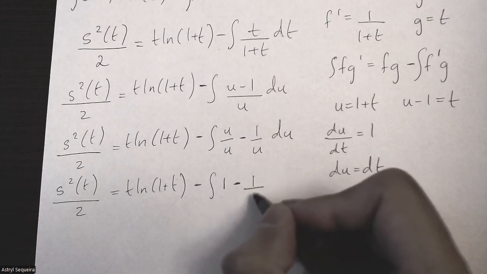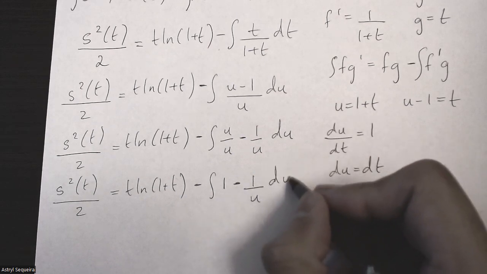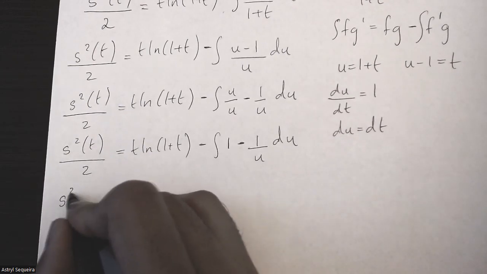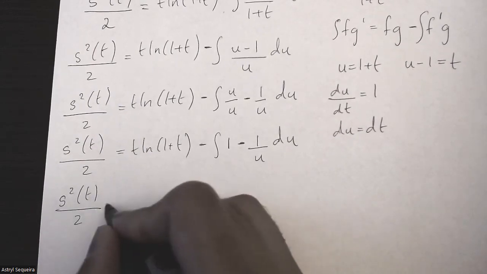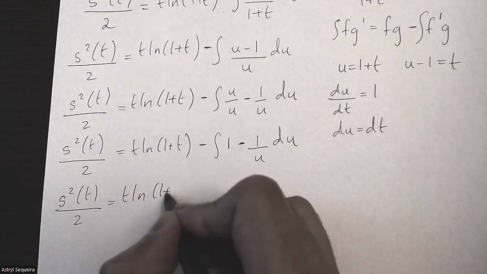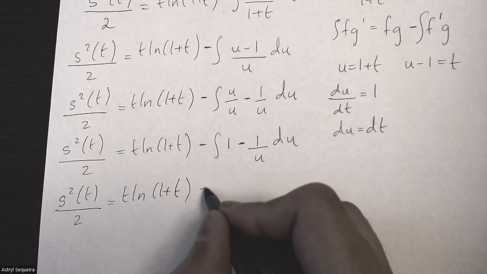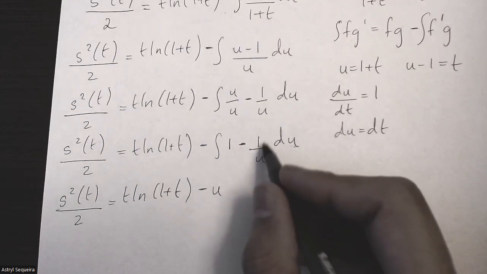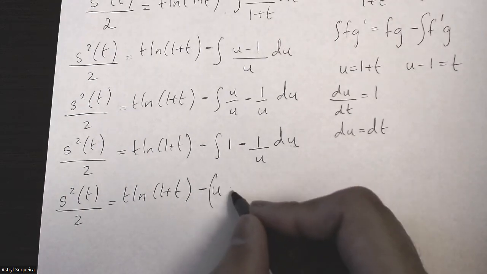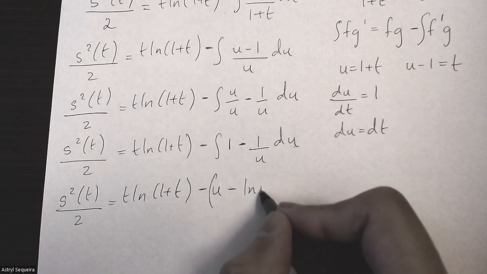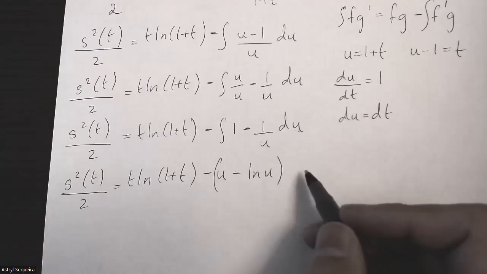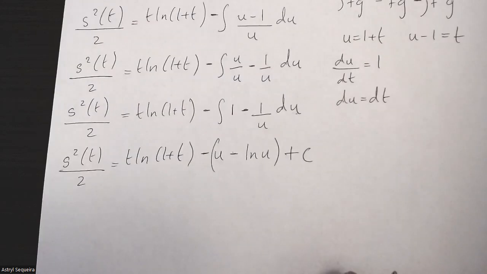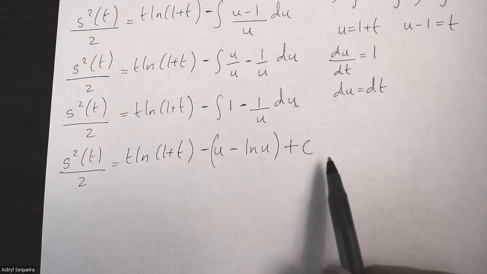And I'll leave 1 over u the same because the integral of that is just ln u. So now I'll finally integrate this. Integral of 1 is just u. Remember, we're integrating with respect to u. Integral of 1 over u is ln u. And then I'm going to put a plus c here because now my integration is finally done. So I'll have a constant.